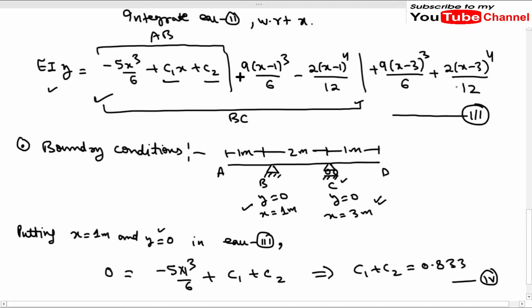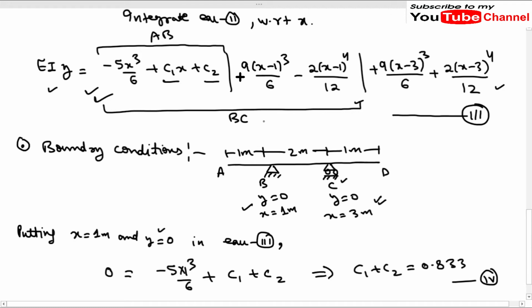And the whole equation from here to here will be valid for segment CD. Just remember these things, it is very simple. Take the terms up to the first vertical line for the first segment, up to the second vertical line for the second segment, and the whole equation for the last segment. It is very simple to remember how you can take these terms.